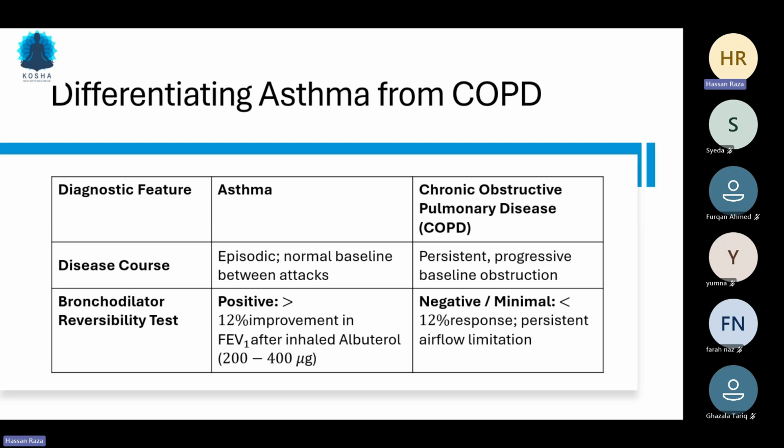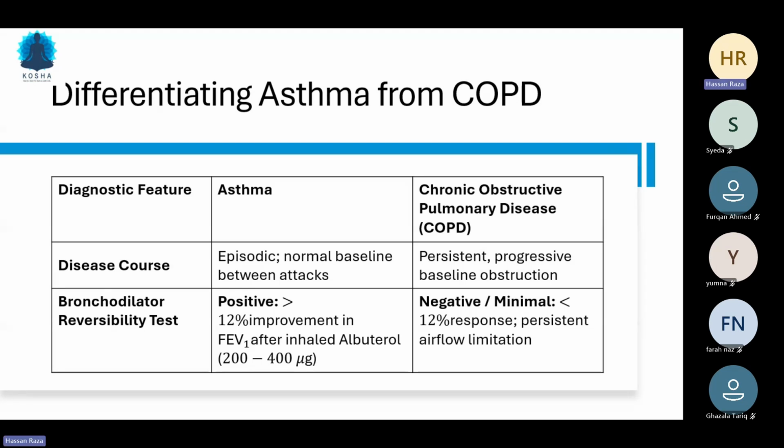If his symptoms improved, we do some calculation and see if his FEV1, the forced expiratory volume in the first second, has improved by more than 12%. Let me tell you with an example. Before the administration of the short-acting beta-2 agonist, a patient was exhaling, let's say, 1.6 liters.